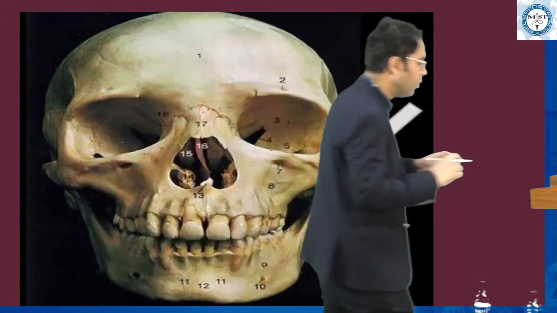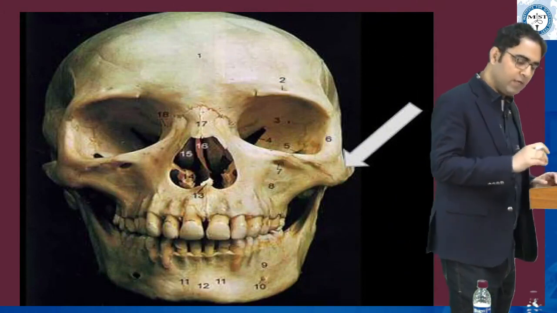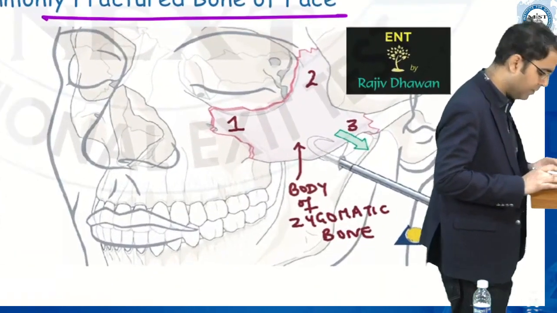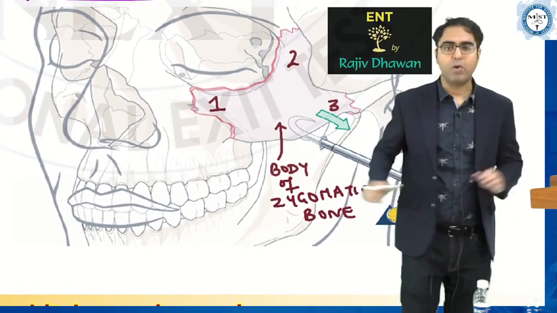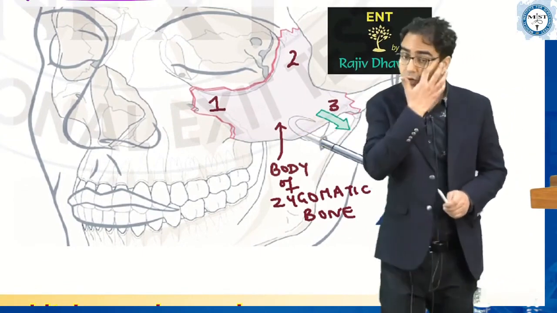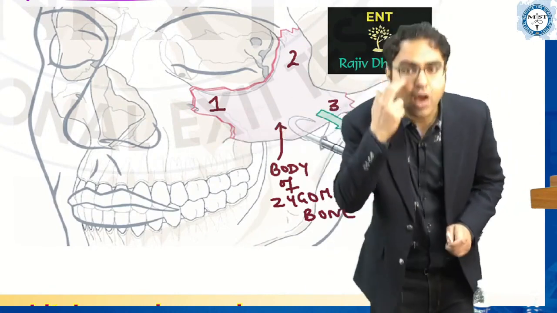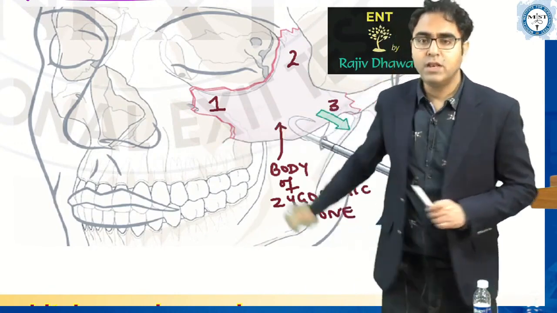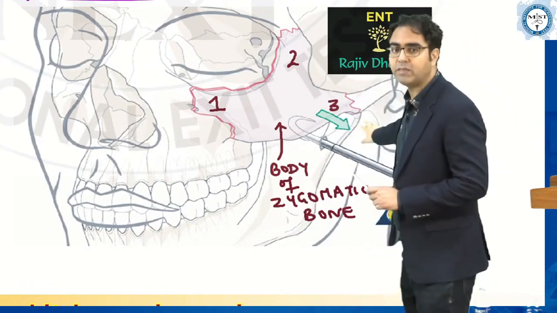Now let us look at this bone from the side angle, beta. This is the body of the zygoma. Please understand, this bone has a body, and it has three processes, beta. Number one makes the infraorbital margin. Number two makes the lateral orbital margin, and number three makes the zygomatic arch.